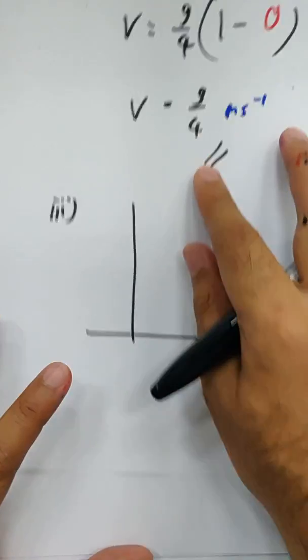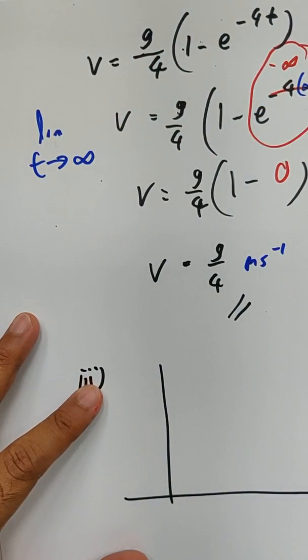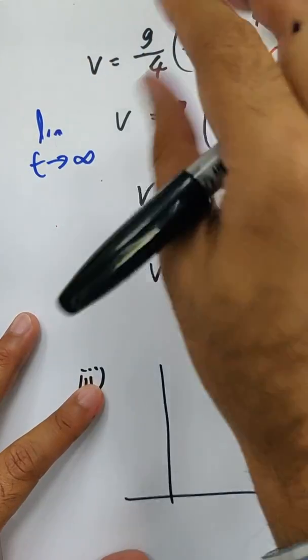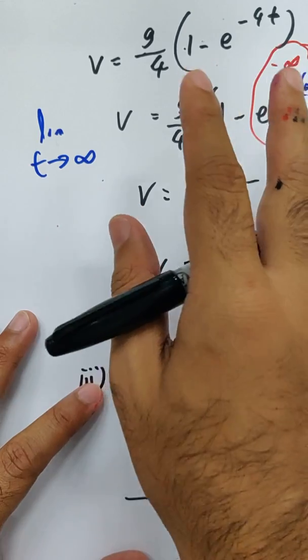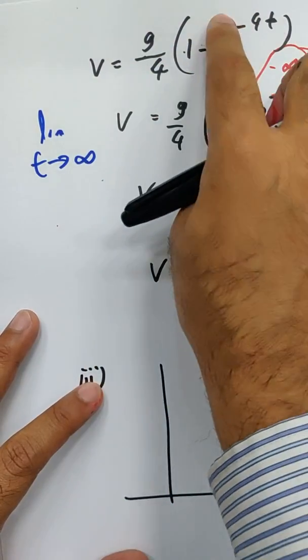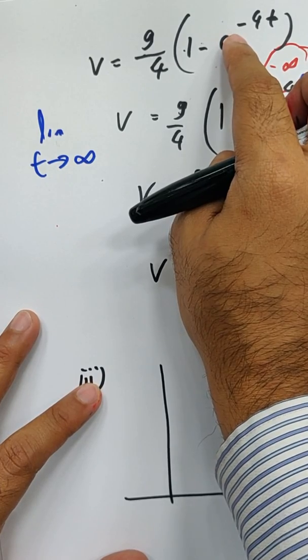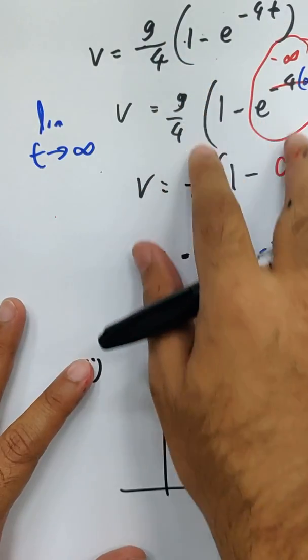If you release an object and let it go, this is the equation when you're free falling, after air resistance and everything. They have calculated it for you.